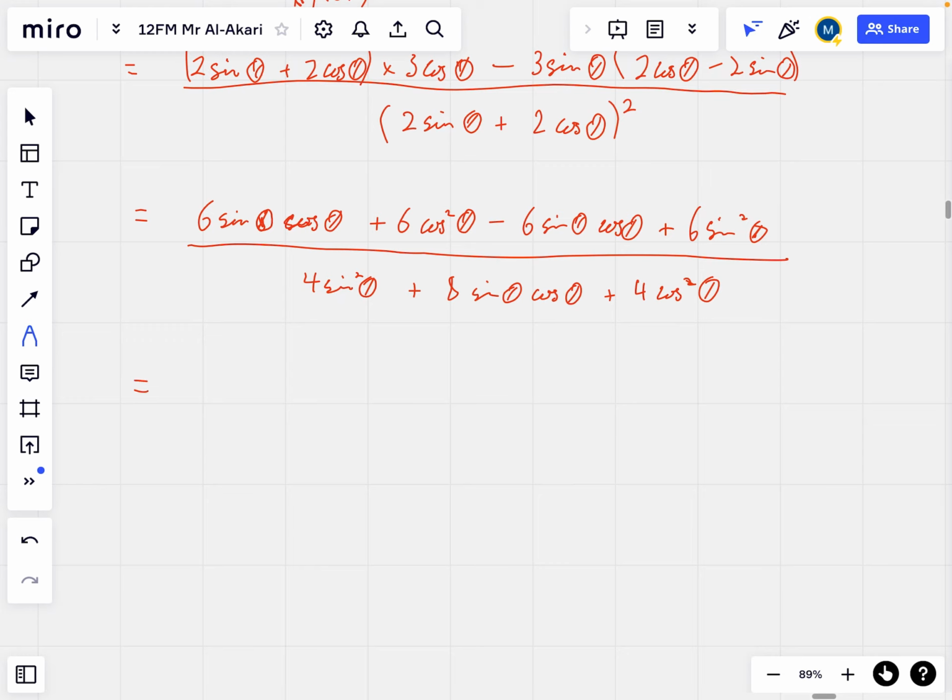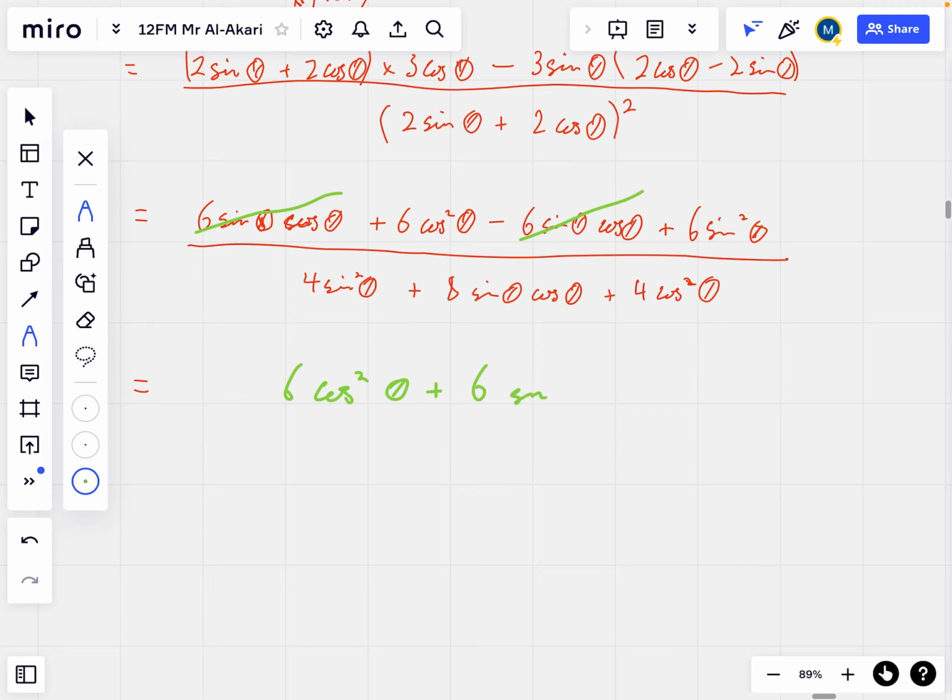So now let's rearrange and see if anything nice happens. 6 sine theta cos theta in the numerator, it's subtracted, so it cancels itself out. Since one of them is positive and one is negative, we can cancel this one out with this one. And then on the new numerator we have 6 cos squared theta plus 6 sine squared theta.